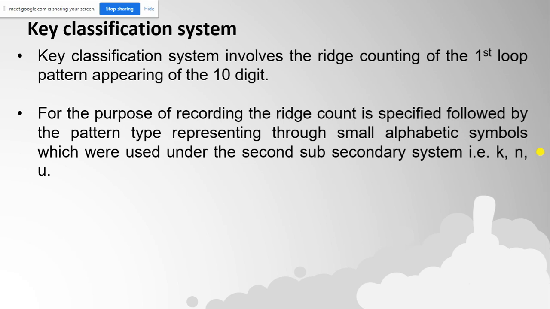So we have K and U for 3 different types of loops. So if you're writing the ridge count in the key, you also mention in the small alphabet what kind of loop was present in the first loop pattern that you had encountered in that classification system.